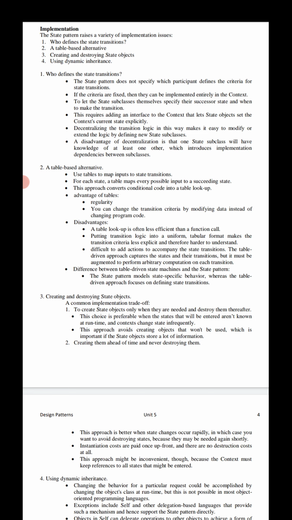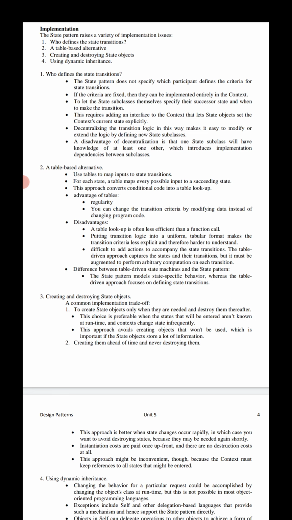The main advantage of tables is that you can change the transition criteria just by modifying the data, instead of changing program code. There are some disadvantages also. A table lookup is often less efficient than a virtual function call.